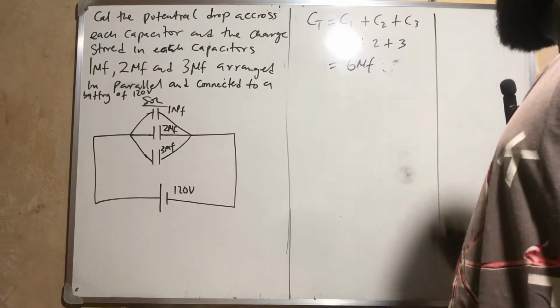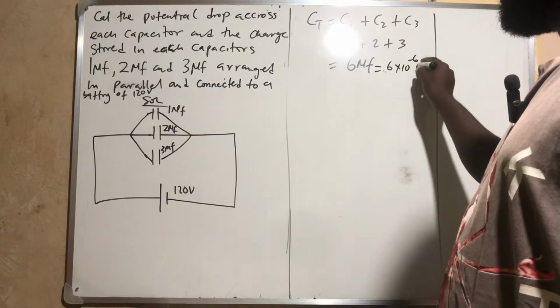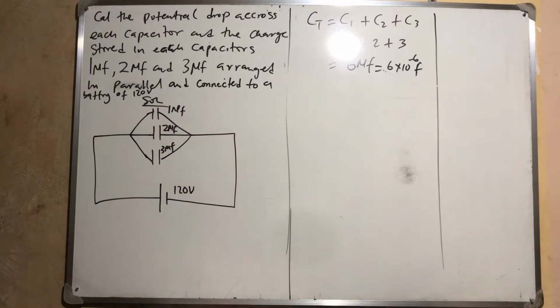Which is 6 times 10 raised to the power minus 6 farad. Okay? I've gotten the total capacitance. Then they say we should calculate the potential difference across them, and the charge as well. The potential difference across them is 120 volts. They are the same, don't forget.